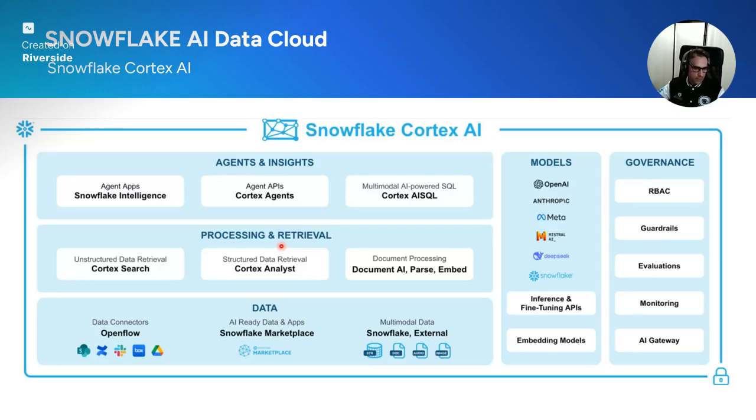The Cortex Search is the service that we are using for unstructured data retrieval. The Cortex Analyst is for structured data, using your semantic views or semantic models.